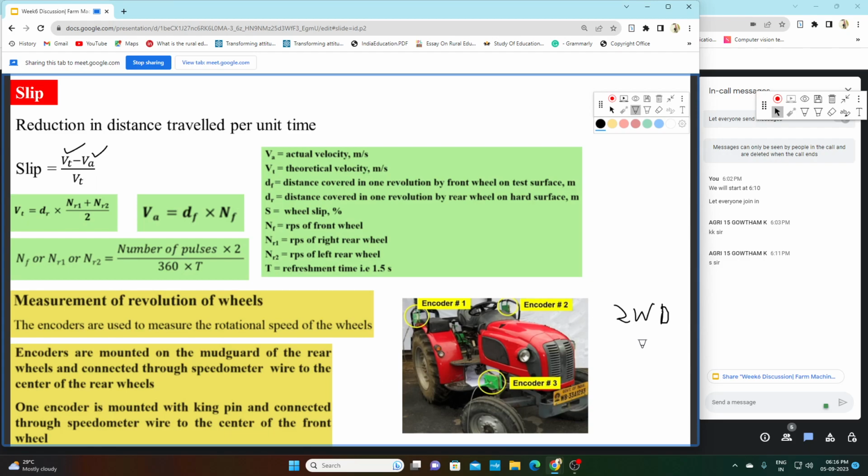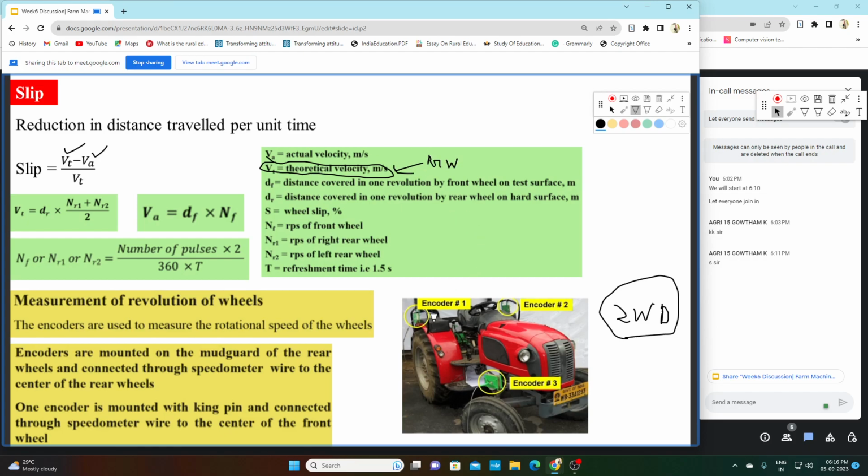Again I am repeating, in two-wheel drive tractors the power is only acting on the rear wheels, the front wheels are towed. So that is why our rear wheels move with the theoretical velocity, as power is coming on these wheels. This Vt is applicable for our rear wheels, RRW.